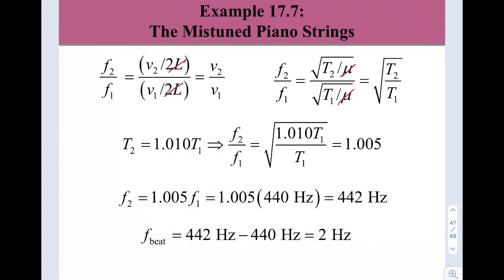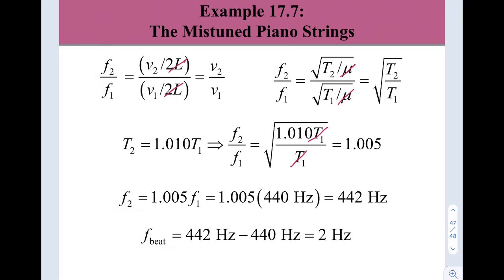So that is why you have 1.01. This is the 100% and this is the 1% just now. Then substituting T2 equivalent to 1.01 T1 over T1, cancel out the T1, and you are left with the square root of 1.01, which is equivalent to 1.005.